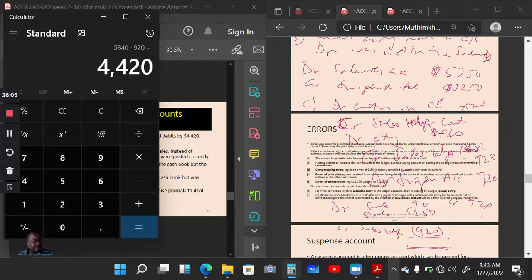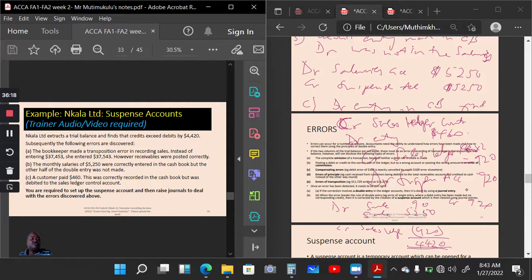We're going to have 4420, which is this value here.